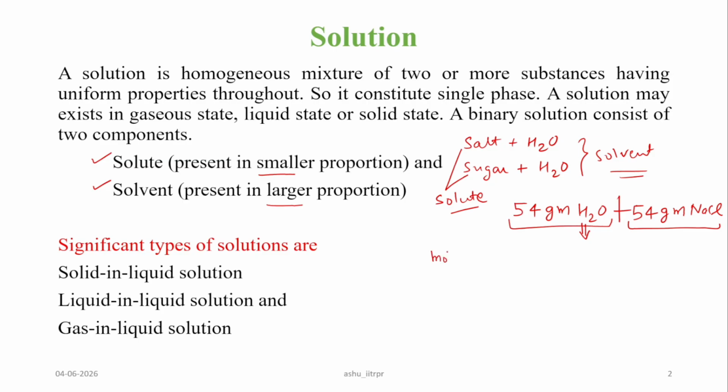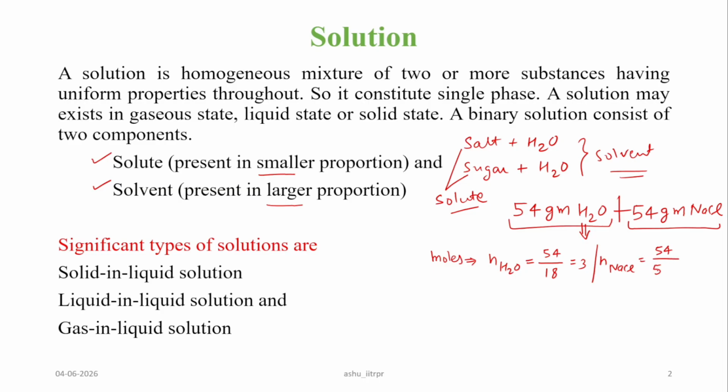If we calculate moles of these two, first the moles of water: number of moles of water is given mass of water, that is 54, divided by molar mass, so it will come out to be 3. Similarly, number of moles of NaCl is given mass by molar mass.